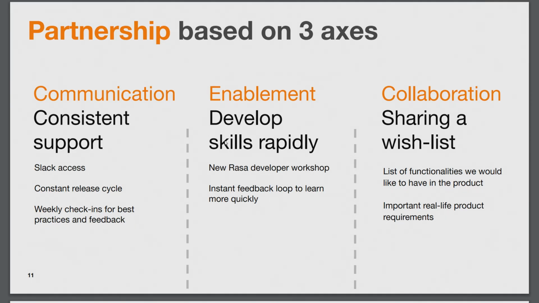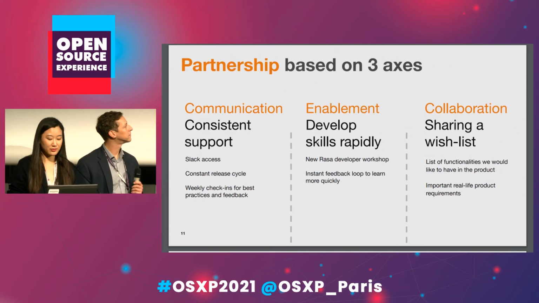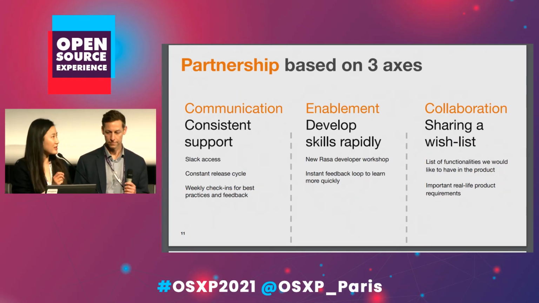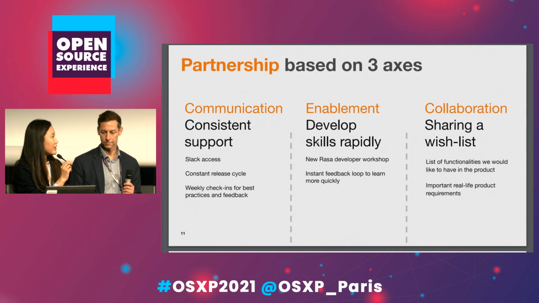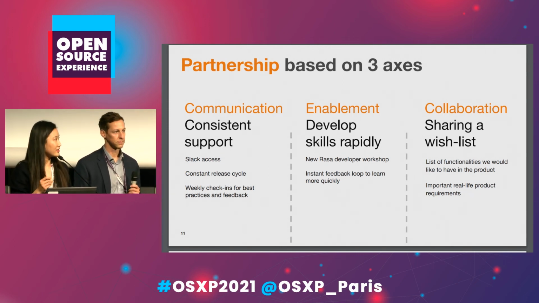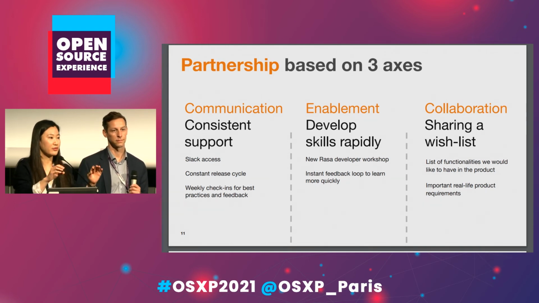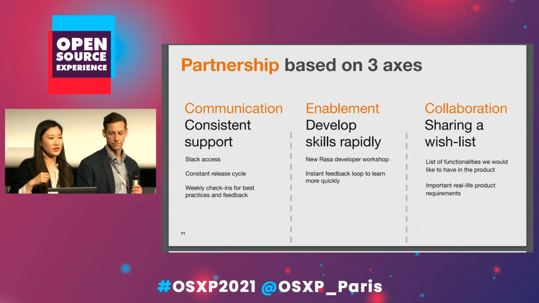So I'll move to the next point, which is enablement, which allows us to help developers develop their skills quickly. We do this in 2 ways. The first way is that we organize workshops for Rasa beginners, so that they can learn essential things really quickly and try to develop things, which is more motivating.